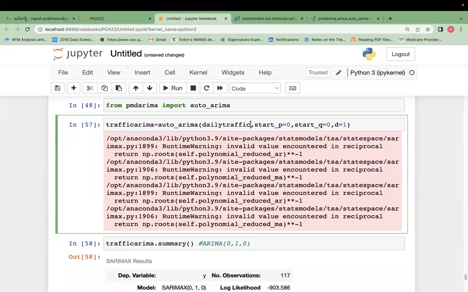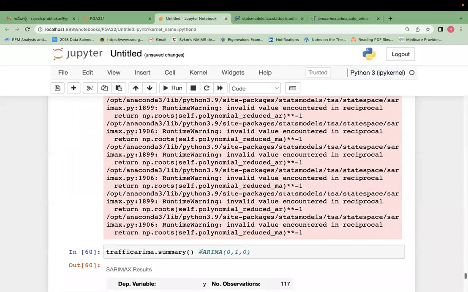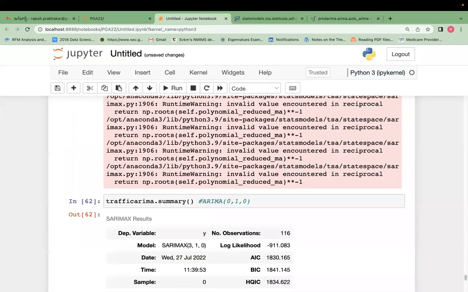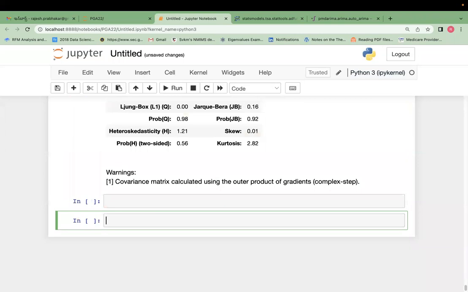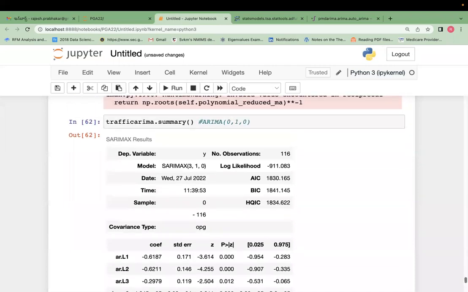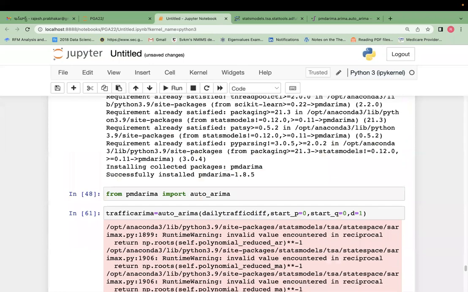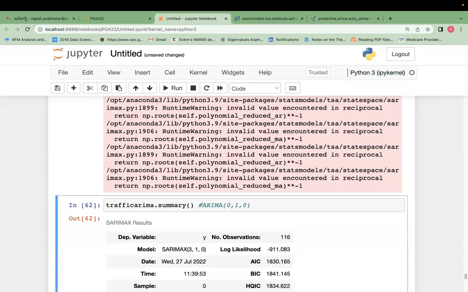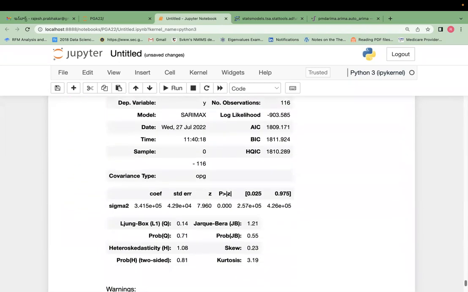Oh, d is equal to 0. If I give stationary is equal to True, it is not taking any time.